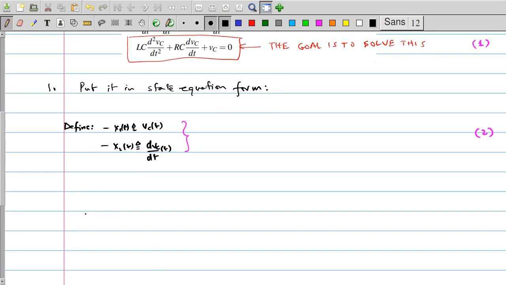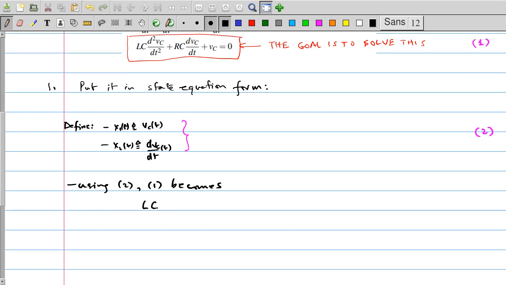So with that, using 2, equation 1 becomes, let's see, LC dx2 by dt plus RC x2 plus x1 equals 0, right?